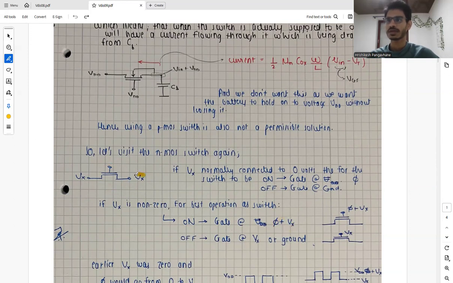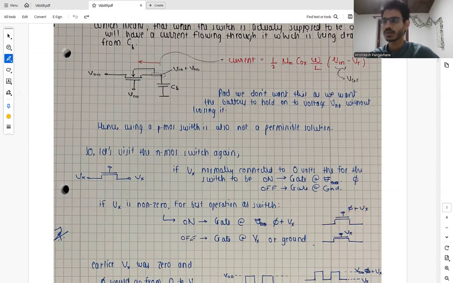When Vx was 0, we said that it is connected to 5, so basically it's 5 plus 0. When Vx is not 0, the gate should be connected to 5 plus Vx in order for the switch to be on properly.